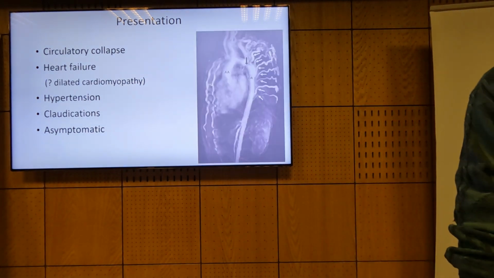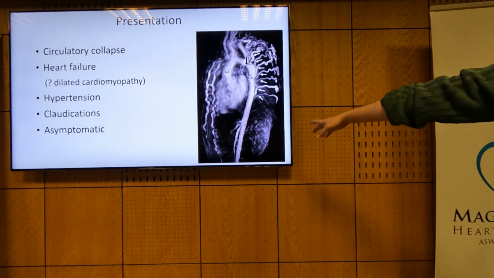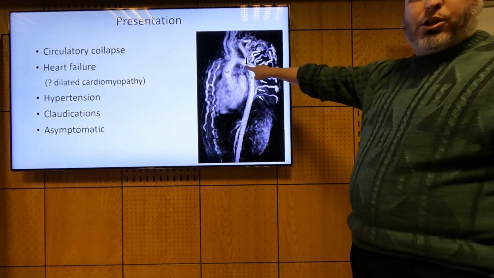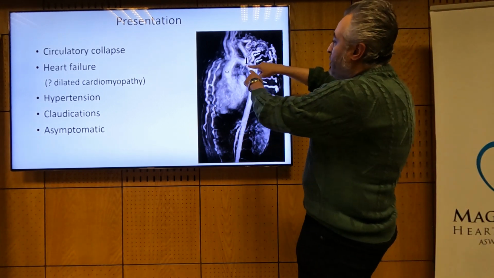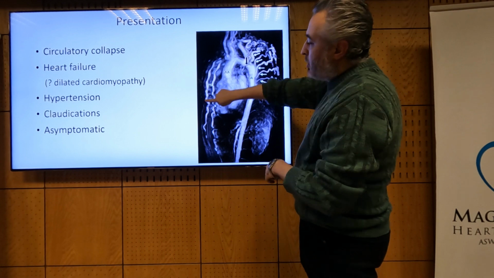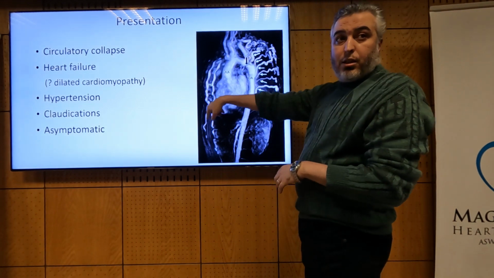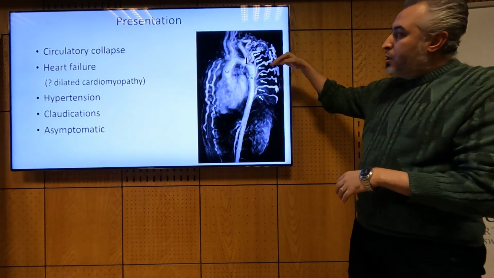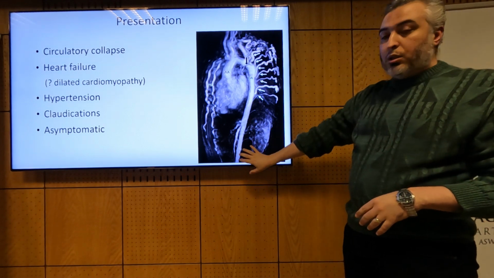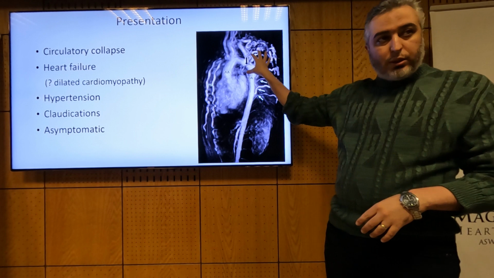So patients can have enough collaterals above and below the coarctation. So this is tight coarctation, and all the intercostal arteries and the internal mammary arteries are very, very dilated. So there is collateral flow above and below the coarctation segment so that the descending aorta gets filled by this collateral flow.